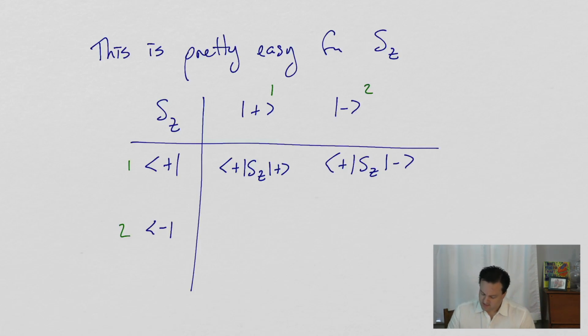And if I look at this, this thing here, which looks complicated to do, is actually easy: the plus state is an eigenvector of the S_z operator. Therefore, if I take S_z and act it on that state, I know what the outcome is going to be. S_z acting on the plus state gives me h bar over 2 times the plus state.